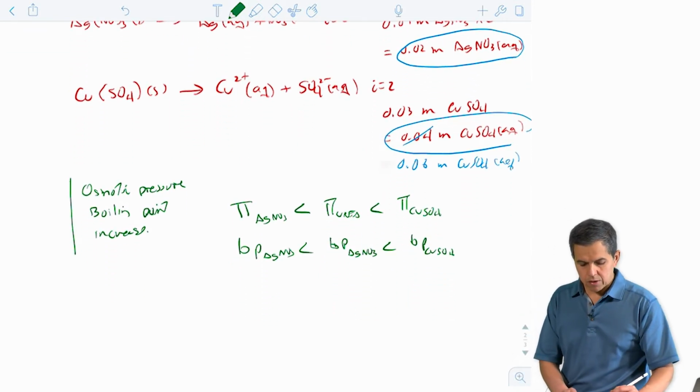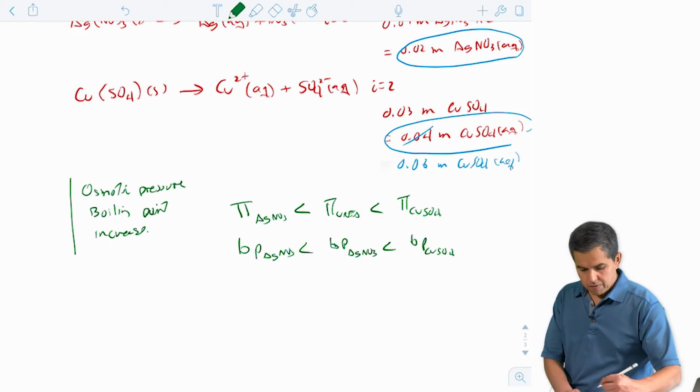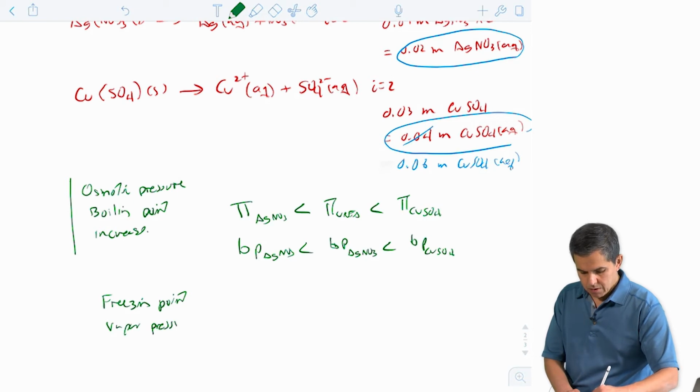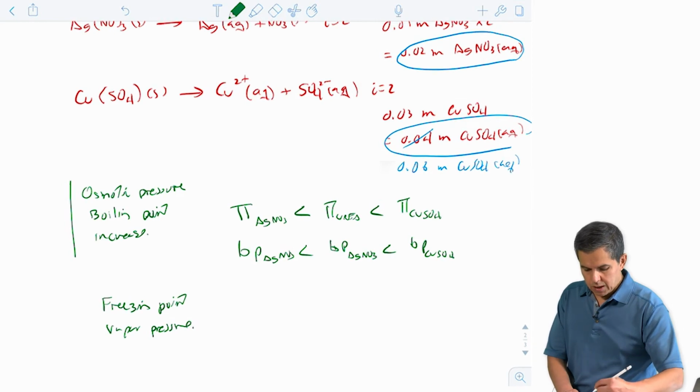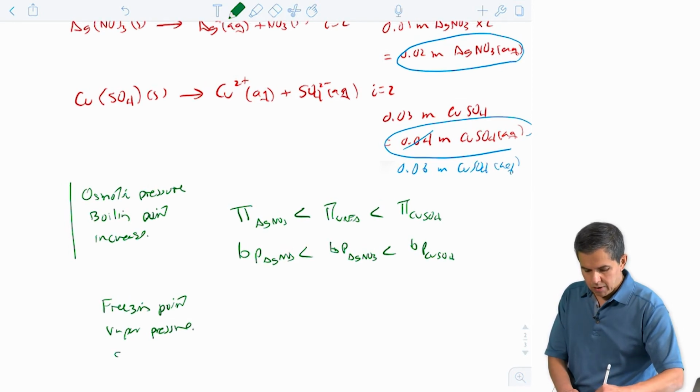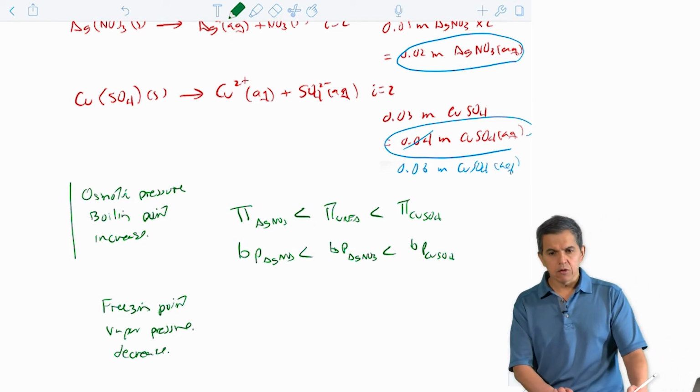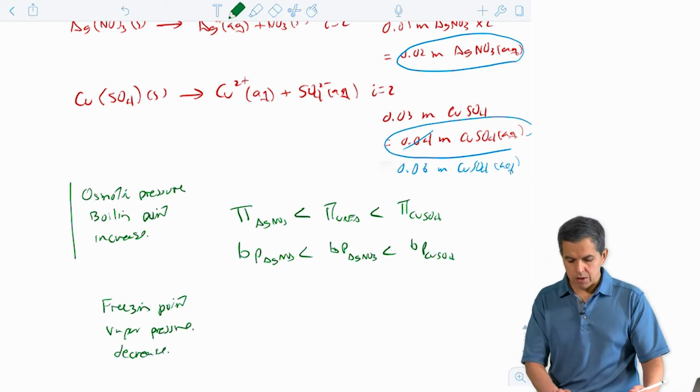The other set of colligative properties, which is the freezing point and vapor pressure, we'll see that this is going to decrease as the concentration of particles increases.